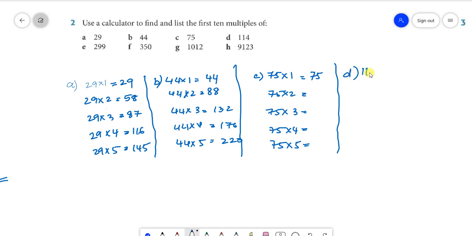D, 114, 1 times 114, 114 times 4, 114 times 5.